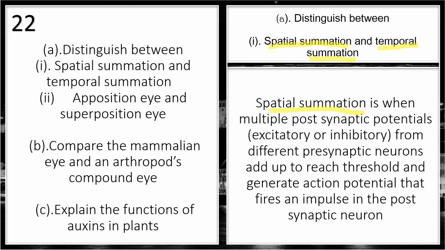Spatial summation is when multiple postsynaptic potentials, excitatory or inhibitory, from different presynaptic neurons add up to reach threshold and generate action potential that fires an impulse in the postsynaptic neuron.